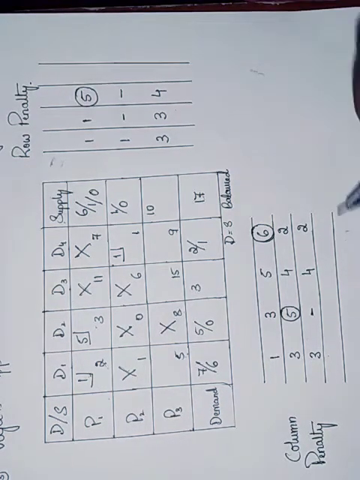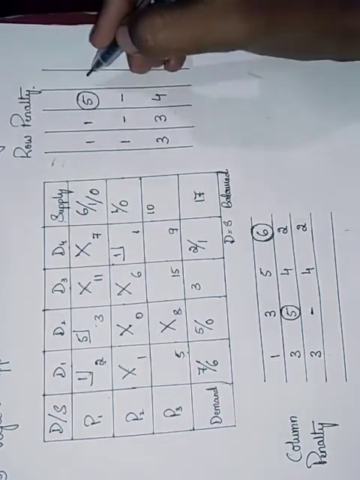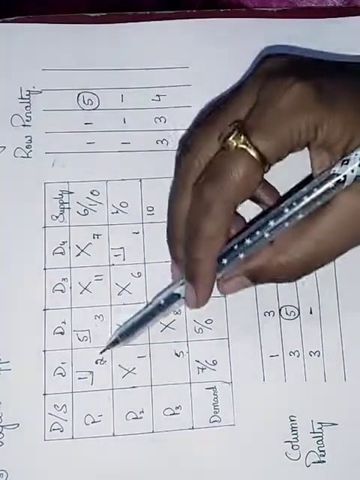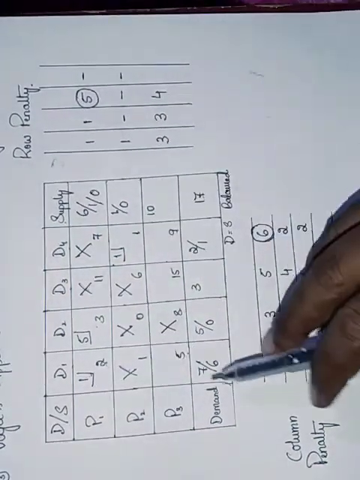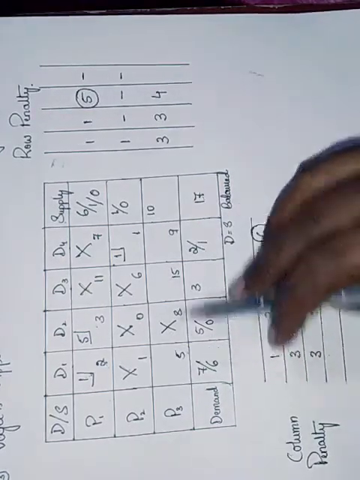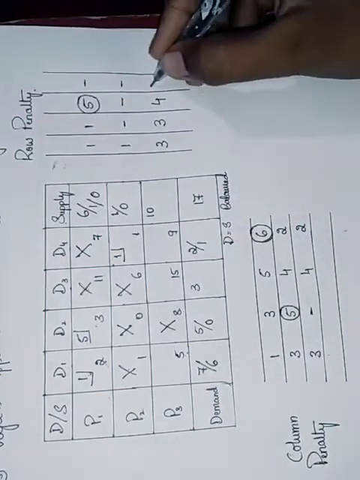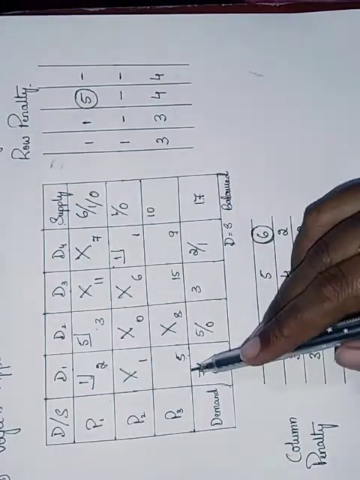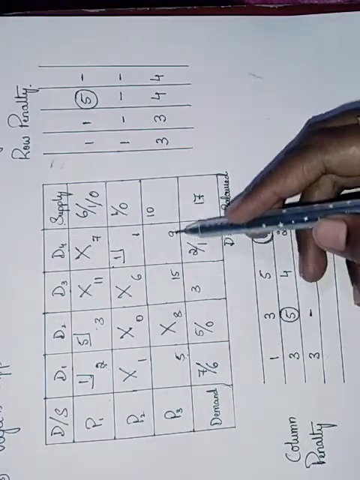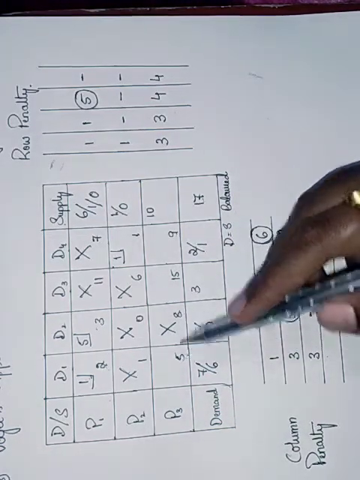And next, the same procedure. Here, identify penalty. So here cells have been allocated and crossed off, so there is no penalty. Even this, there is no penalty. And in this row, which is the least, 5, and next least is 9, so difference is 4. And next one, here we have only 1, 5.